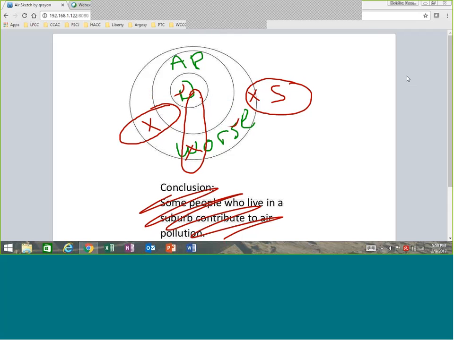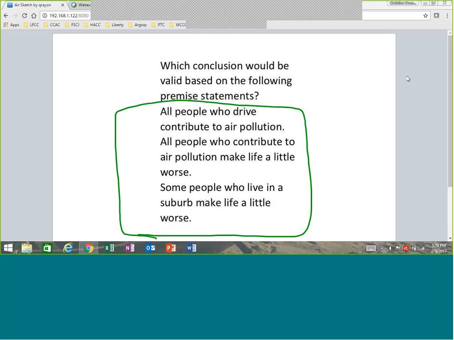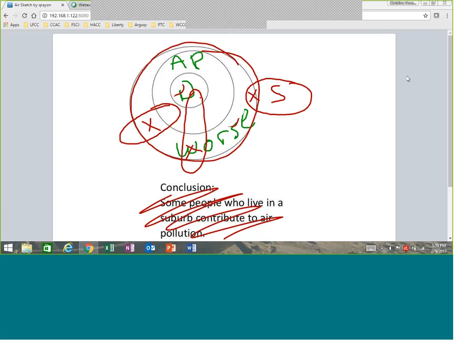Those are all the possibilities, because we cannot put the suburb circle completely inside the worse circle. It has to be out of the worse circle a little bit, and this is the entire worse circle. So we're trying to get it where there's some inside the worse circle, some outside the worse circle, because it's worded some. Some people who live in a suburb make life a little worse.